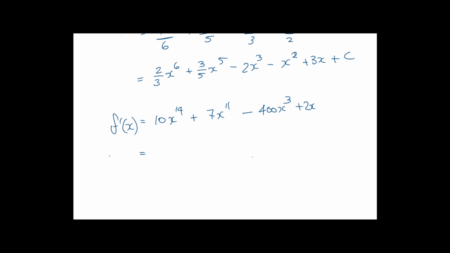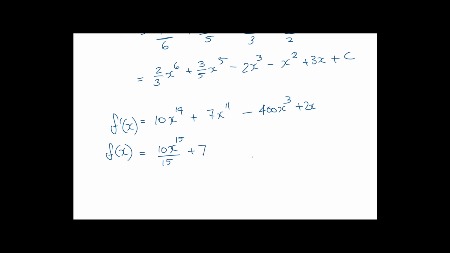All right. When we integrate it, we use that little apostrophe. The 10 stays there. The x stays there. And now the 14 increases by 1 to 15. And now we have to divide by 15.